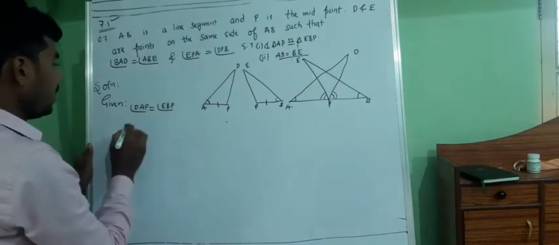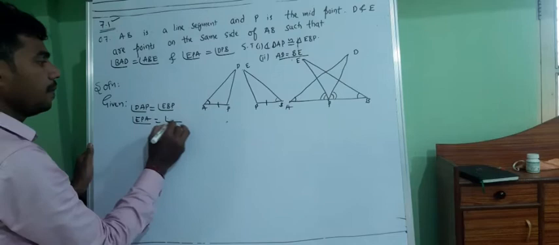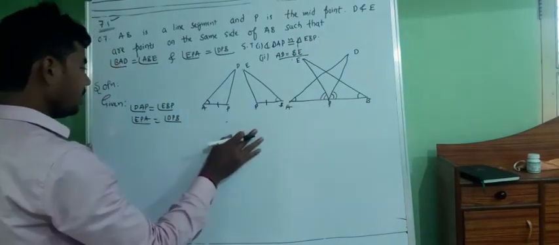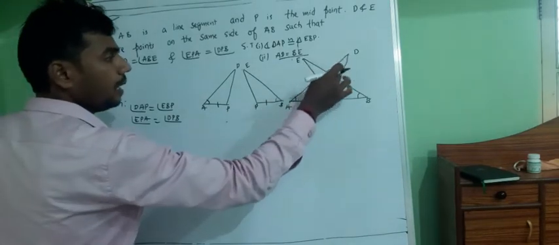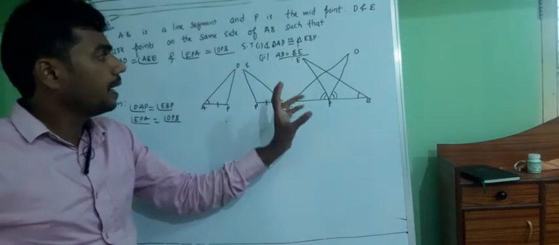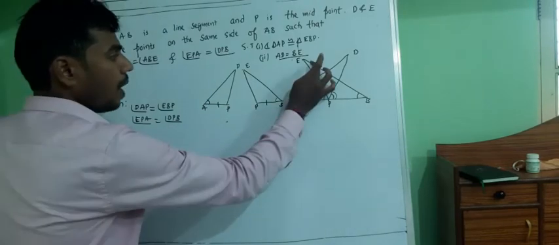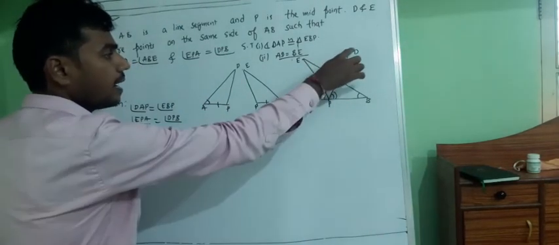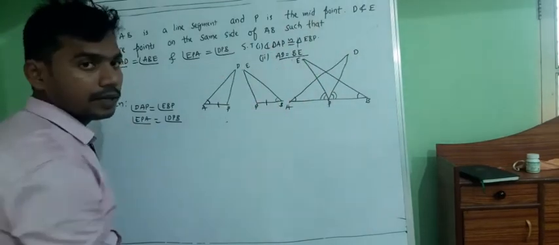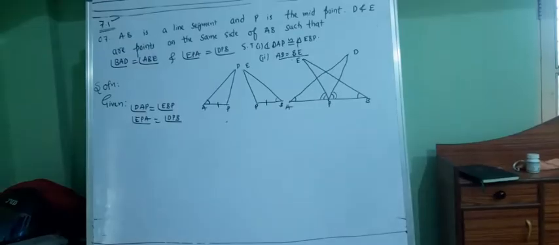Angle EPA is equal to angle DPB. See what I am going to do? I am going to make an arrangement. I am going to add angle EPD to angle EPA, so this angle plus this angle will be equal to angle APD. I am going to make use of that one. Okay, where we were?